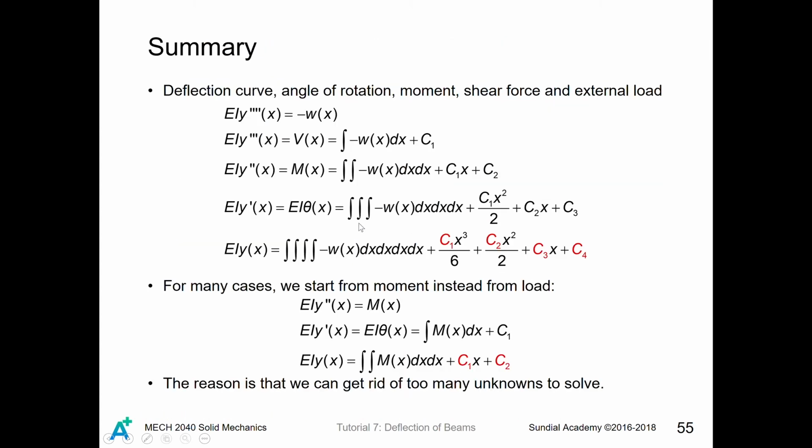So here is the summary of this tutorial. Basically we talked about the relationship between the deflection curve, angle of rotation, moment, shear force, and external load. They are just like 5 marbles connected by a string. In many cases, you can start from moment instead of from load, so that you can reduce the number of unknowns to solve.